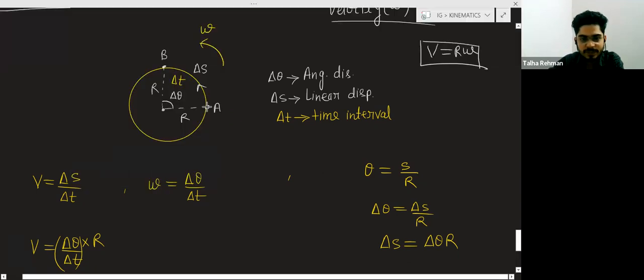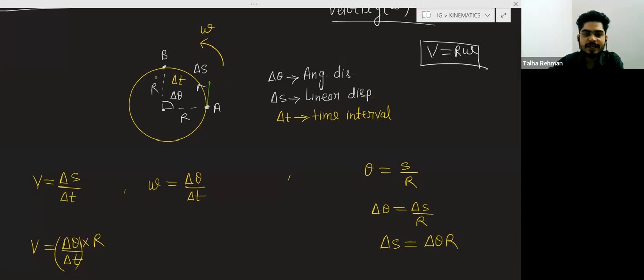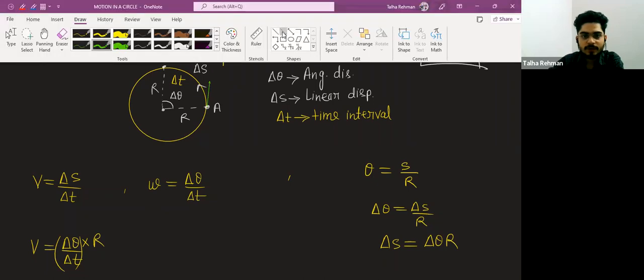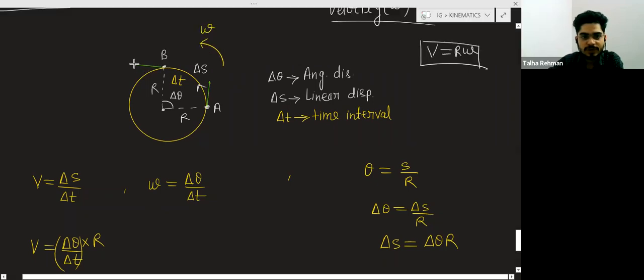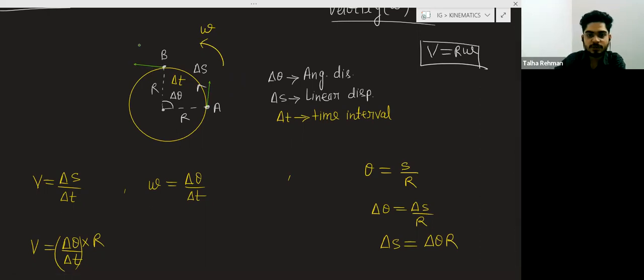Then this direction will be simply given by drawing a tangent to the circle at that point. So this will be the direction of your linear velocity. Get it? Suppose I want to calculate the direction of the linear velocity here. So I will draw a tangent here.